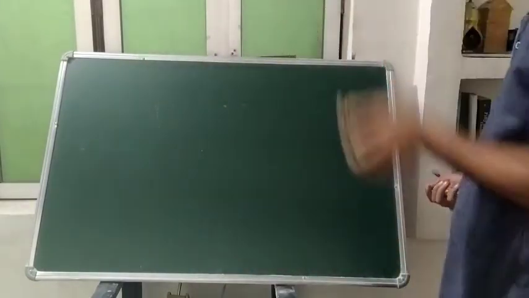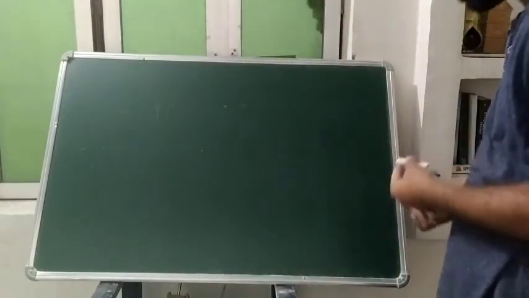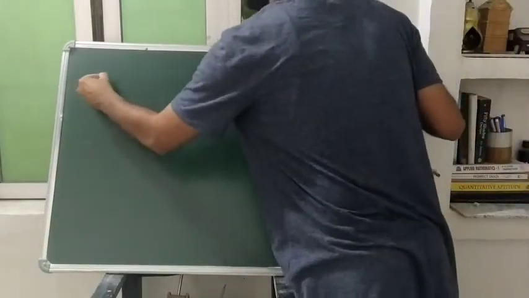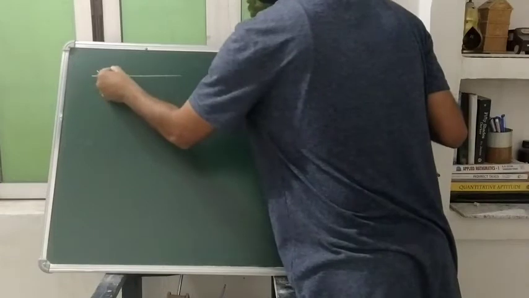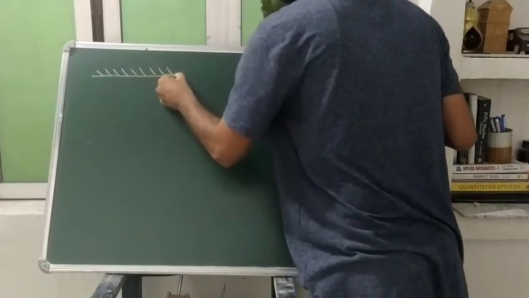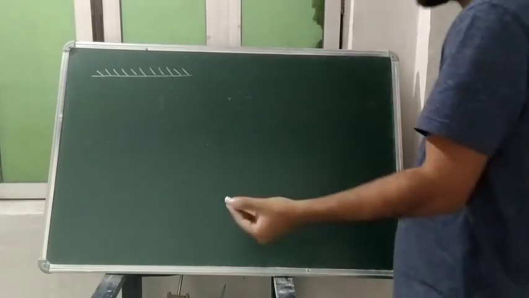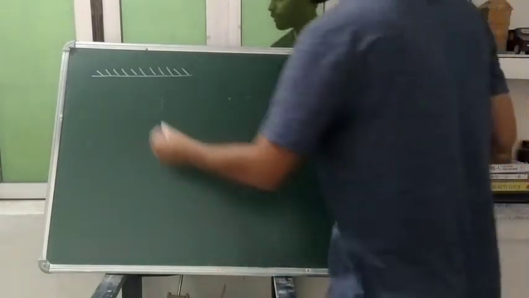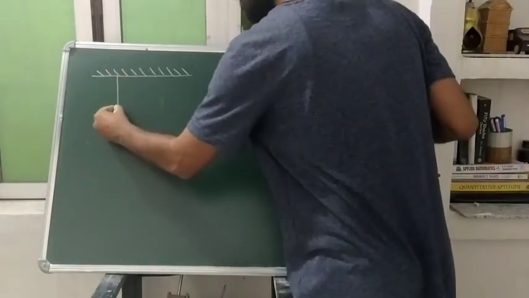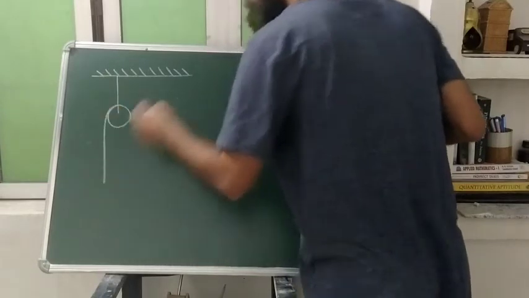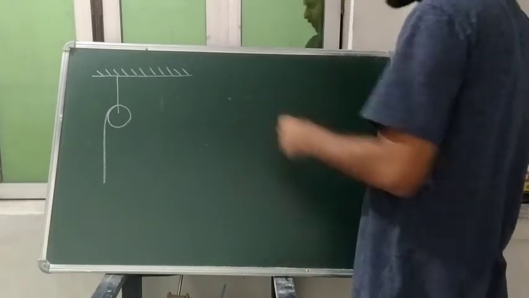So suppose, students, one more problem we are assuming, and that we will solve by the short trick method. The traditional method you can check on your own. There is a problem like this. There is a fixed pulley present here and a string is going over this pulley.